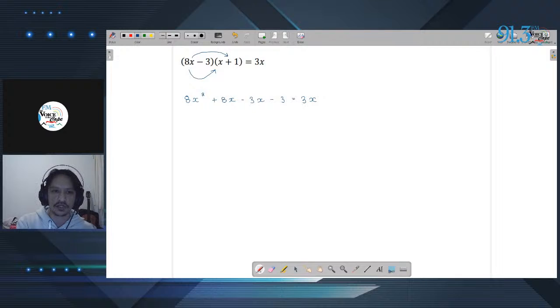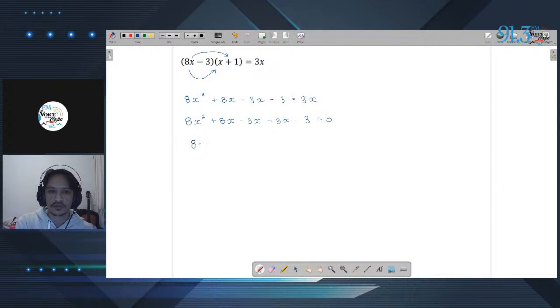And that's what we'll do here. So we end up with 8x squared plus 8x minus 3x, and we're going to get negative 3x over here, minus 3 is equal to 0.